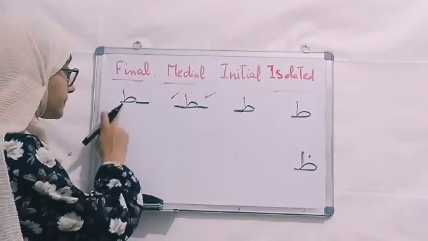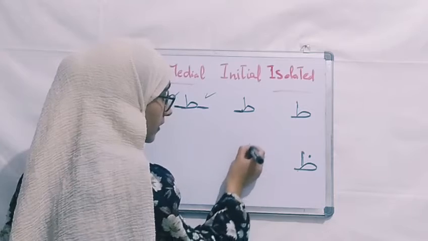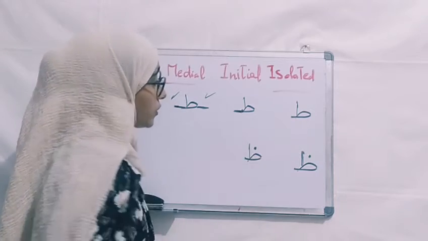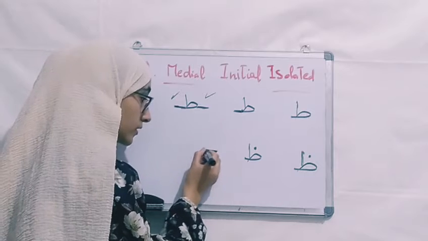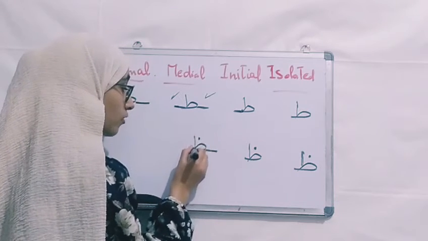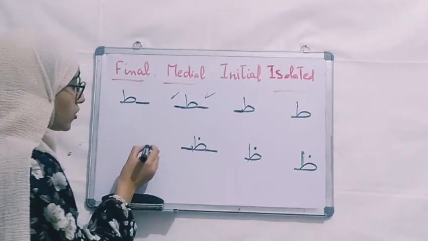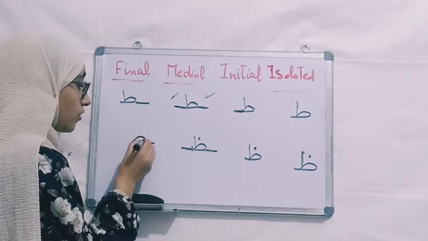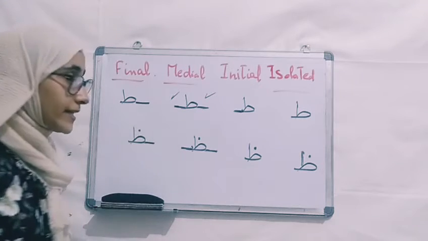Same in ظا: you put one dot on top of it, in the middle form keep the connecting line and the straight, and also in the final form.